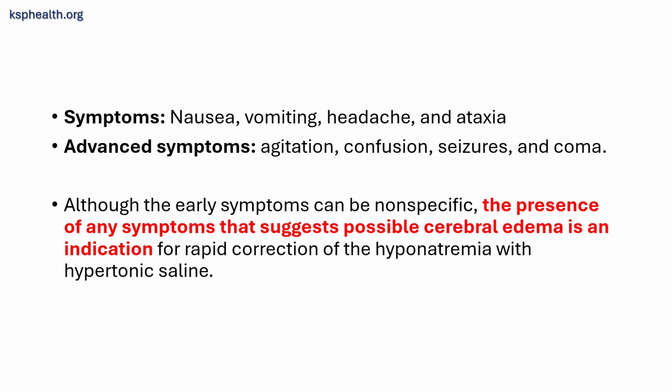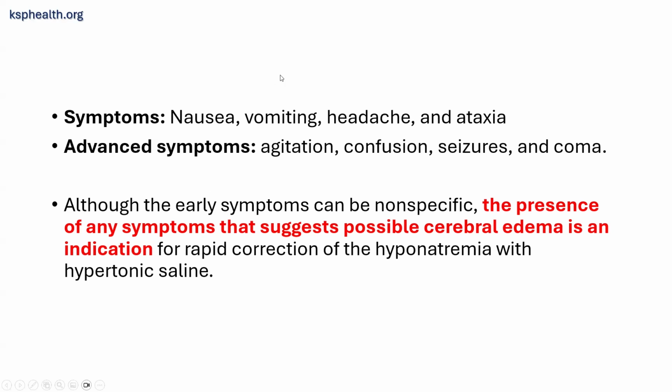Patients may have received morphine or something, or have gastrointestinal issues, and so on. So you have to have a high index of suspicion, especially when the serum sodium is below normal, that is less than 135. When they have these symptoms, act upon it.